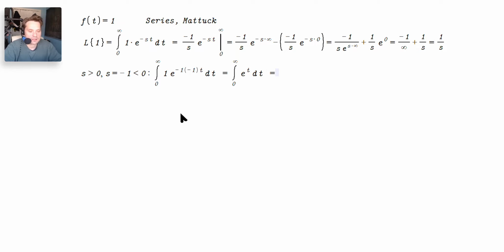When you integrate, you get e to the t between positive infinity and 0. But that's e to the infinity minus e to the 0, where e to the infinity is infinity and e to the 0 is 1. So that's just infinity. In other words, it diverges. So the point is, s should be greater than 0, or you don't have a convergent integral as you need.